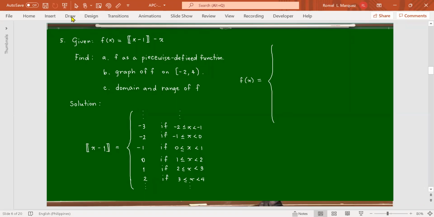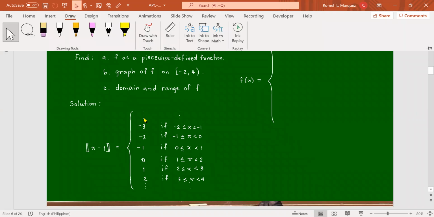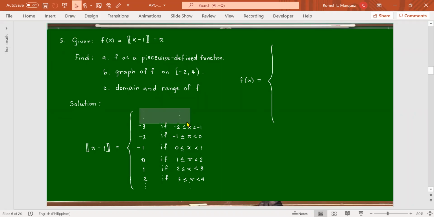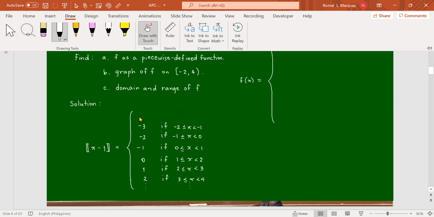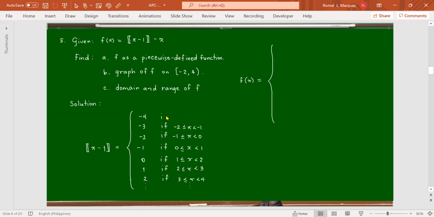I think I need one more here. Let's have an extra one so that it's balanced, no, up and down. -4. -4 if x is 1, 2, 3. If x is between -3 and -2, including -3, and so on. Okay?